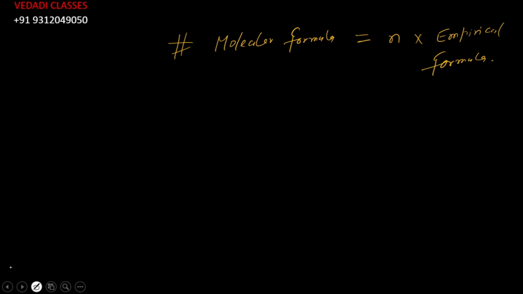What is the n over here? n is an integer, or a whole number. It may be 1, 2, 3, 4, anything. It depends on what comes.